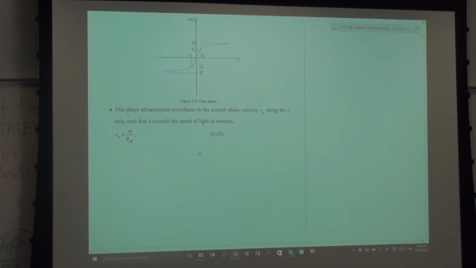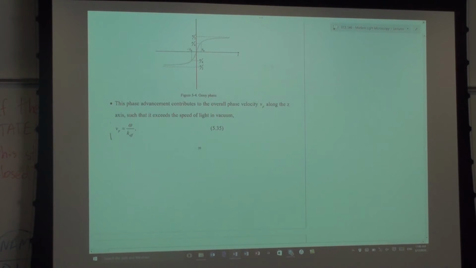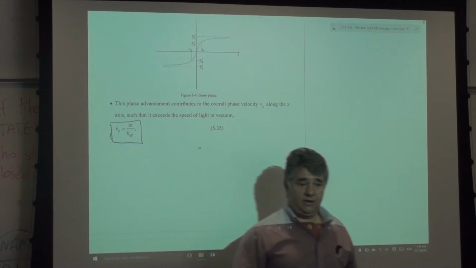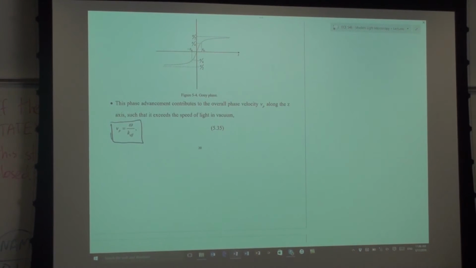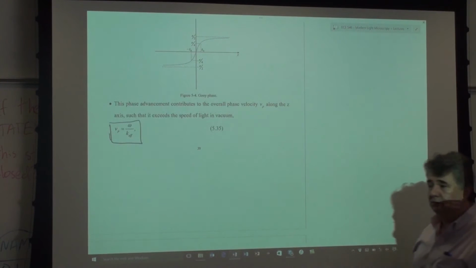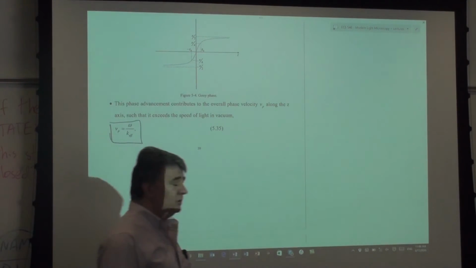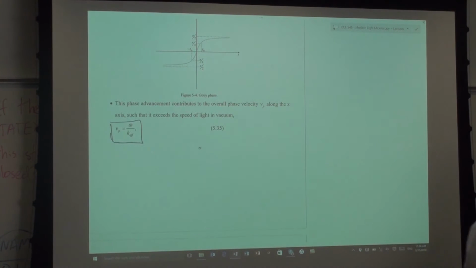Okay, let's talk about the phase velocity as a fun fact. The definition of the phase velocity is omega over k, temporal frequency over wave number. The problem is we have a bunch of k vectors.